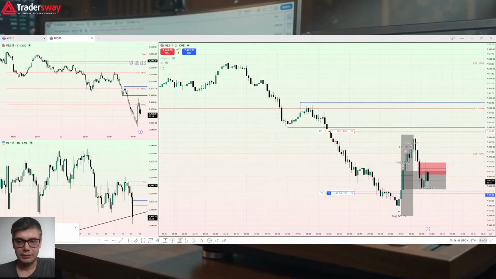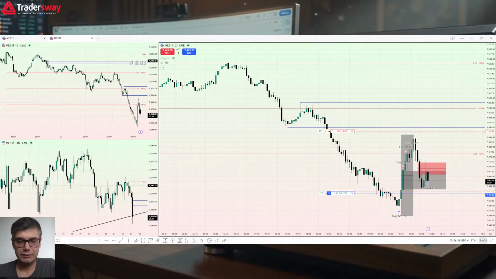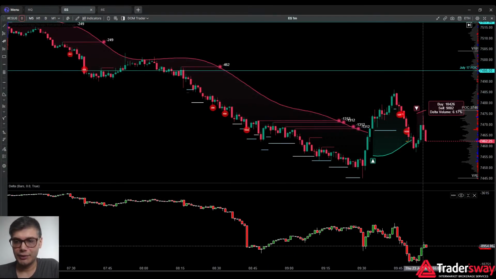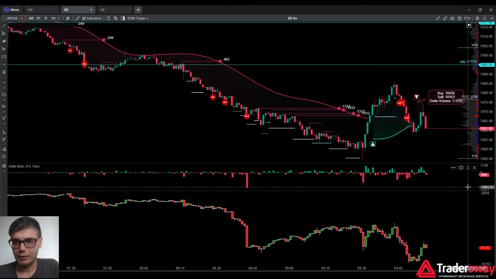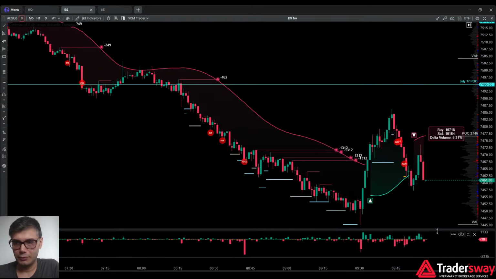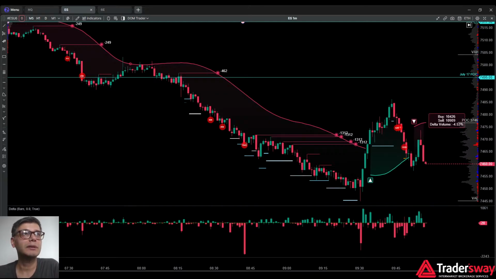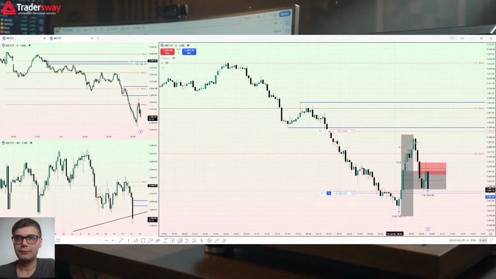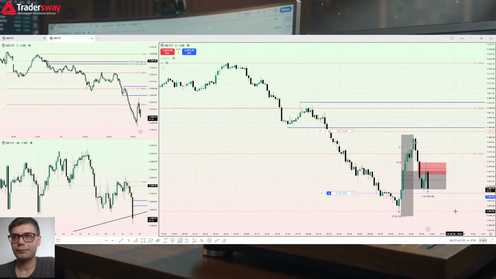In the Delta, if I show you Delta, I can see aggressive buyers have stepped in after this sell-off. Now it's time for passive buyers to start absorbing that position and don't let the price go lower than that half. Let's move this stop slightly lower. Okay.